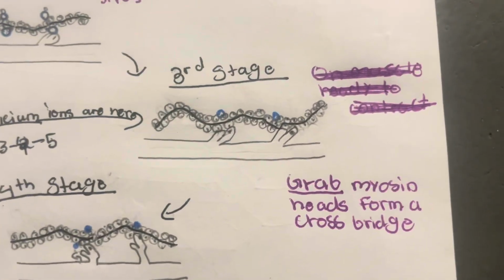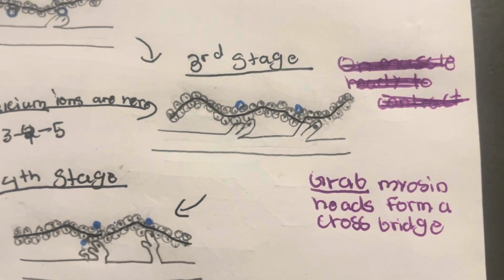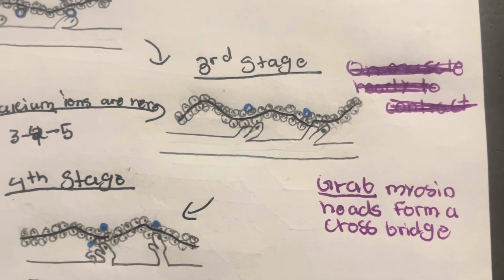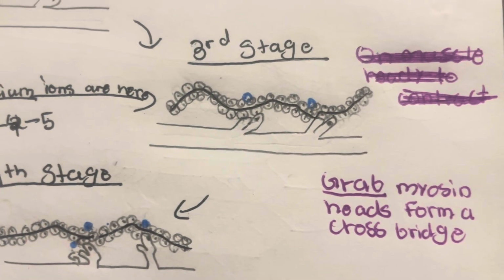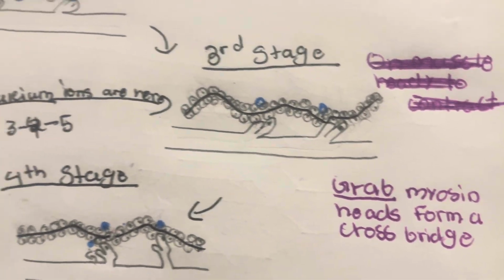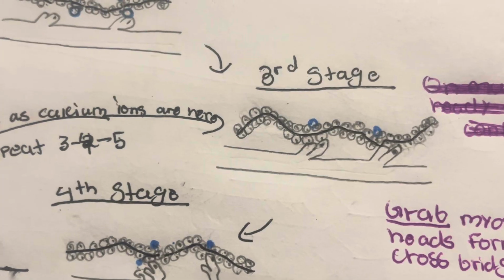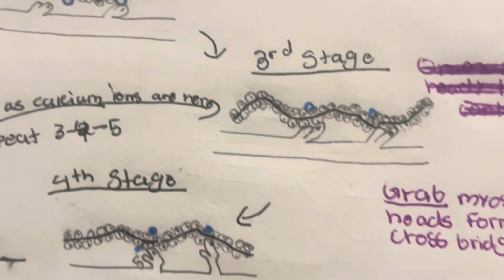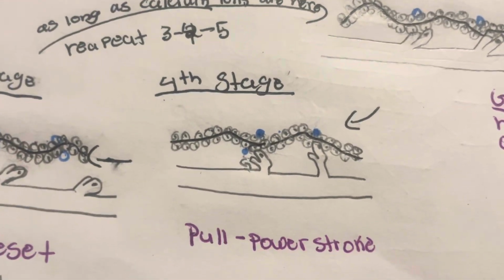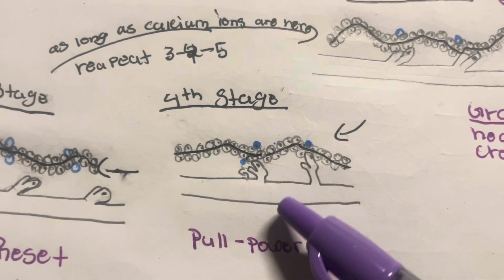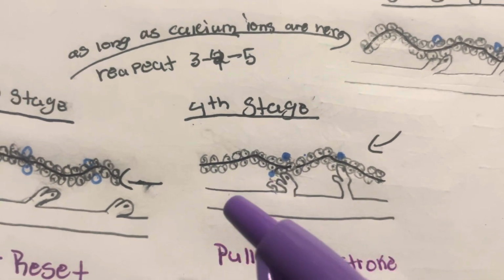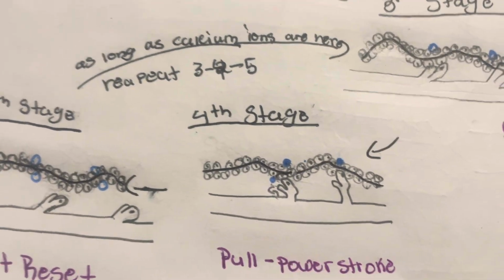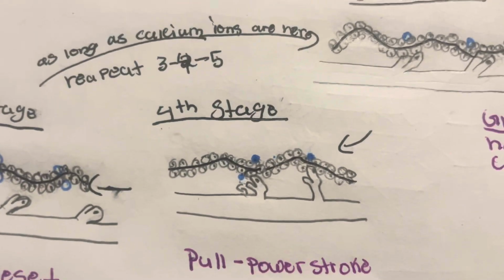Now in the third stage, the myosin head grabs onto an actin molecule, which forms a cross bridge. In stage 4, we see the myosin head pulling on the actin molecule, which is called the power stroke.